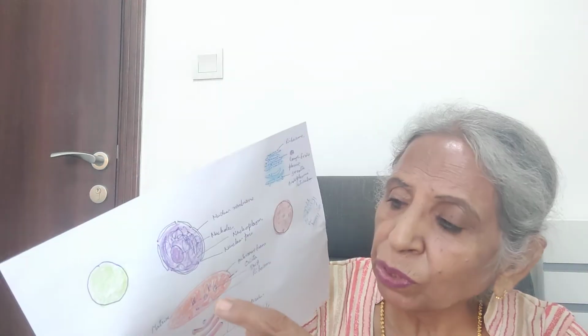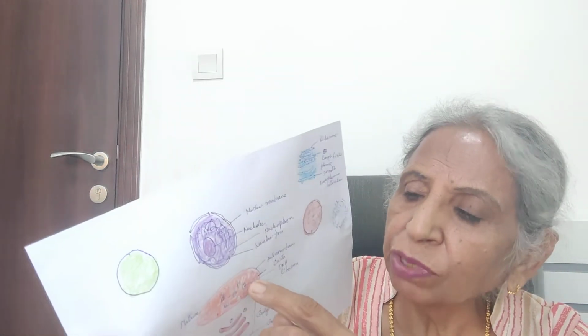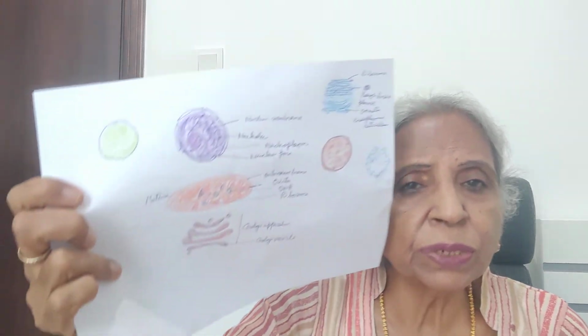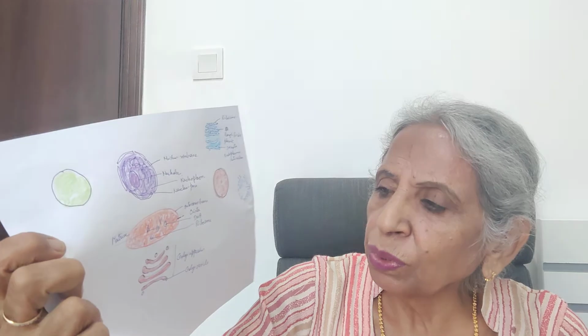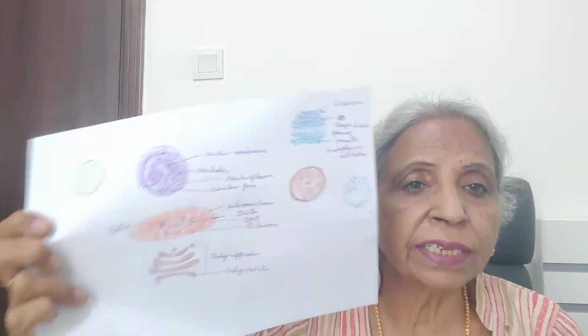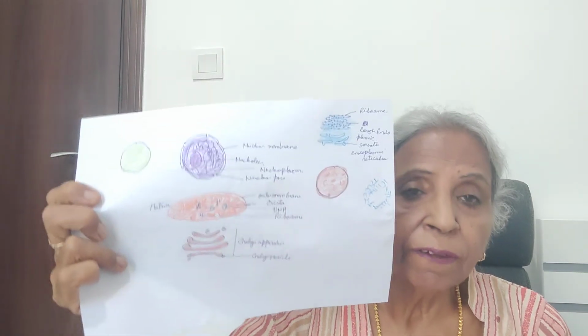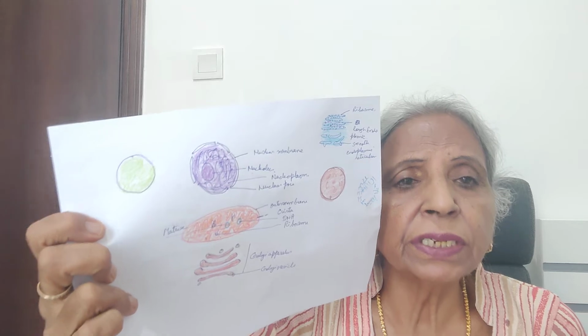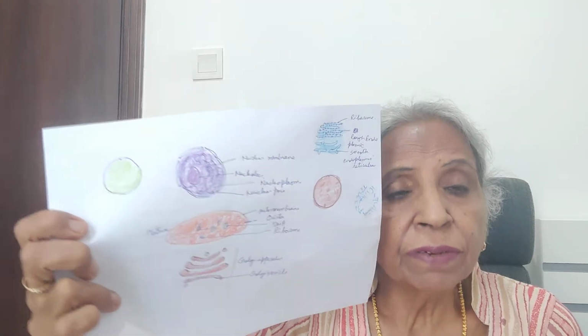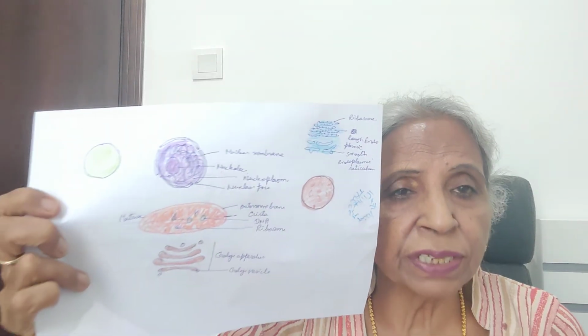Mitochondria have their own DNA and their own ribosomes, so mitochondria synthesize protein themselves. Mitochondria are called the powerhouse of the cell. They produce ATP from ADP, that is adenosine triphosphate, which is called the energy currency of the cell.